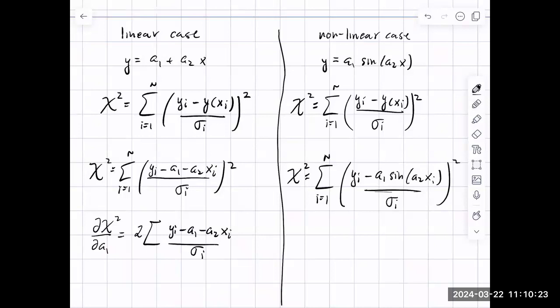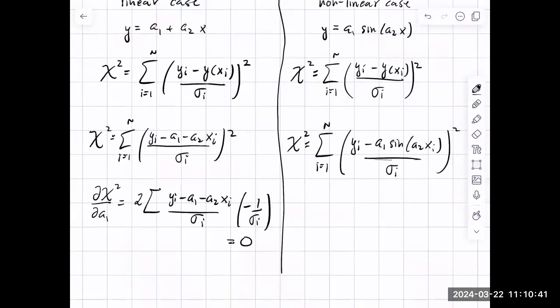Then we have to take the derivative of what's inside with respect to A1, and we get a minus 1 over sigma_i. So we multiply all of this by minus 1 over sigma_i. Fair enough, and then that has to be equal to 0.